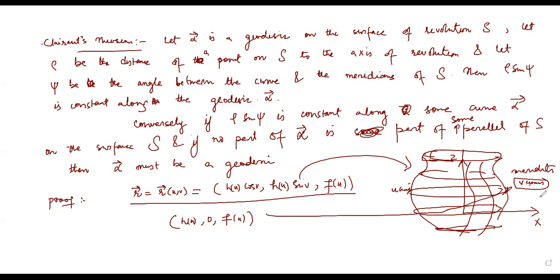Meridians और v curves जहां v constant है, तो उसका मतलब अगर मैं यहाँ पे tangent हूँ along this v curve, क्योंकि v constant है, the direction of this curve should be given by ru, right? And when I take the derivative along this curve, it should be ru because v is constant। और u curve की direction would be the same as our rv, क्योंकि u constant है, right?